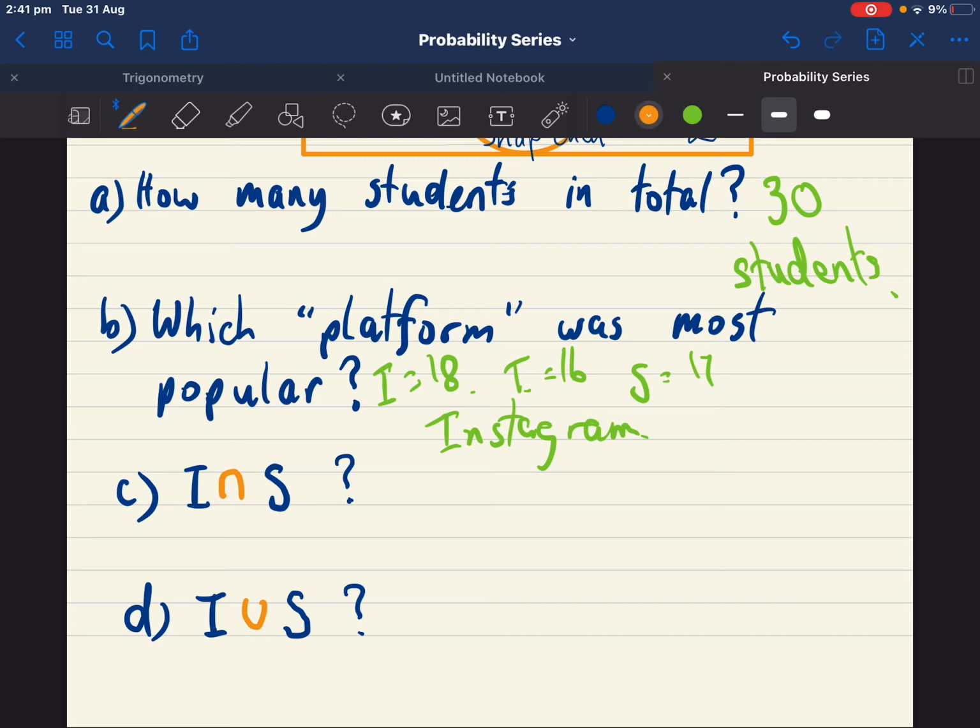That symbol, this here is what I'm talking about, is actually the symbol for the intersection of these 2 separate sets. So what this question is asking us, in not particularly many words at all, is what is the intersection, right, or the overlap of the Instagram and the Snapchat sets of data.